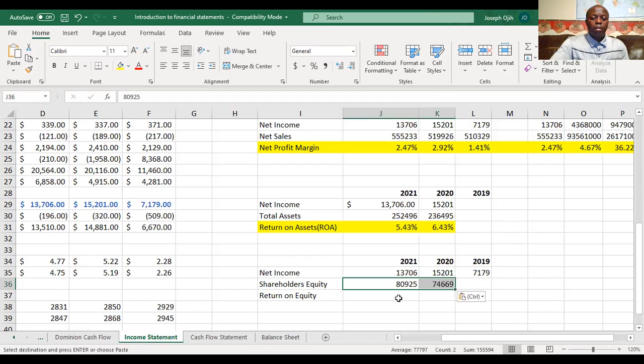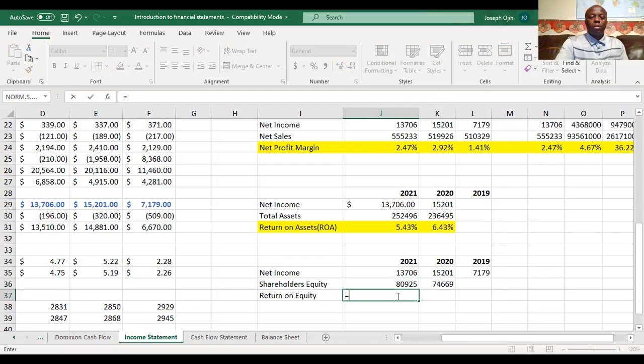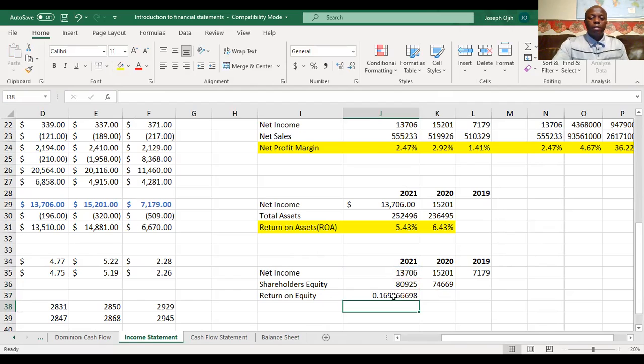So it's right there. So return on equity equals, again, net income divided by shareholders' equity. And then copy it. Now we don't have information for 2019, so I'm going to remove it. Now let me right click and make it a percent.